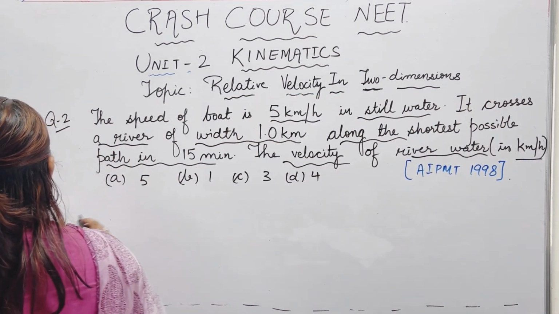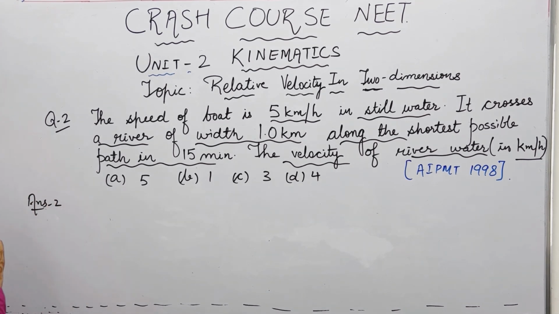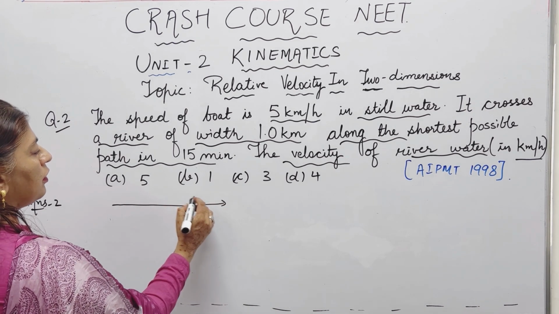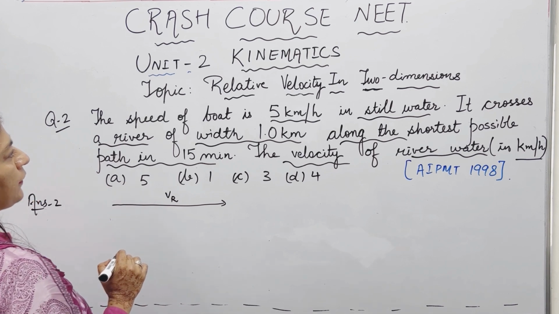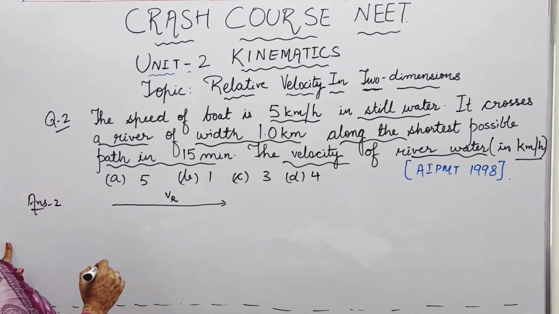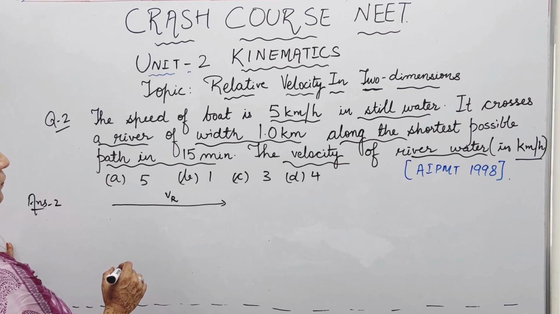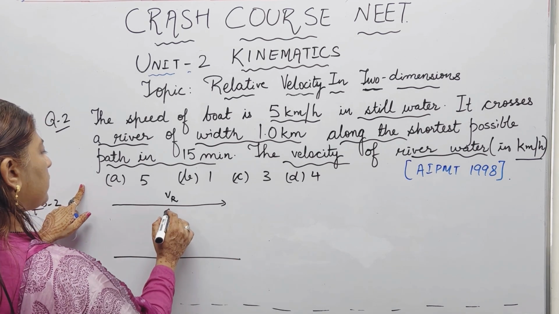So to solve the question, we will consider this is the direction of the river flow with velocity Vr, and the speed of the boat is 5 kilometer in still water, and it crosses a river of width 1 kilometer.